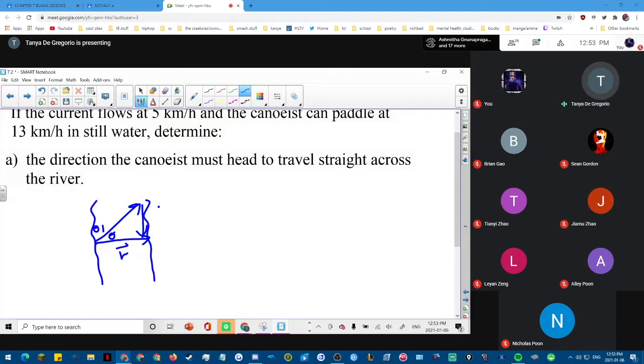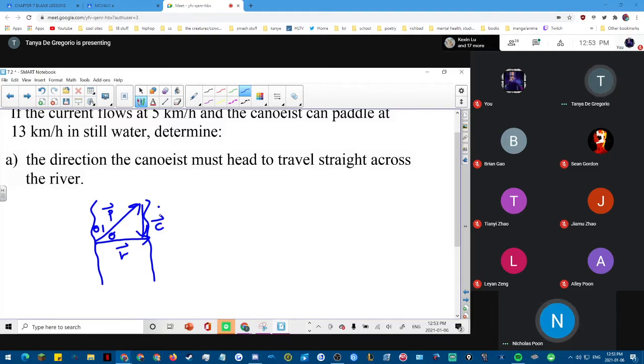Okay, because we're going to use the words upstream, or we're going to say from the bank. Okay. So I have my resultant. This is my paddling vector. Here's the current.